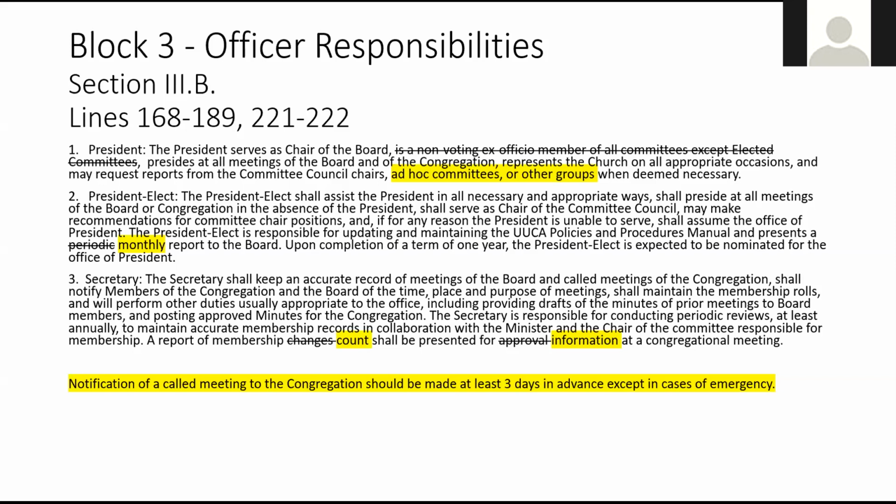This is Margaret. My comments are that this counting of members dates back to the time when the congregation was required to report annual membership numbers to the UUA, which then determined the amount of contribution that the church made to the UUA. So that's why there is a business of counting membership and keeping an accurate count.